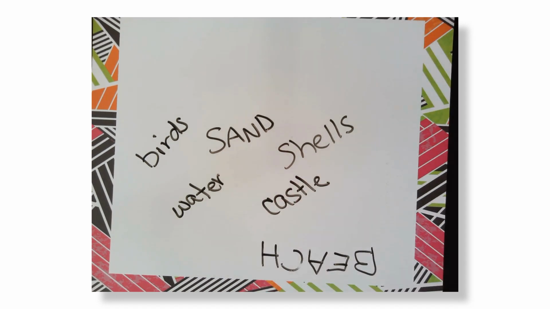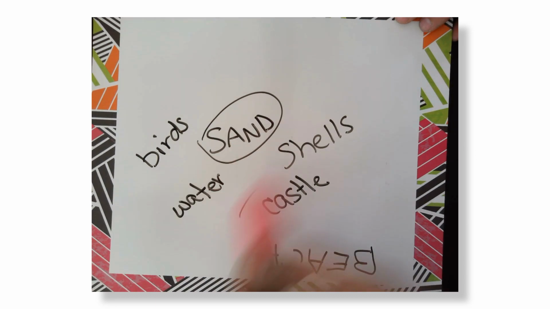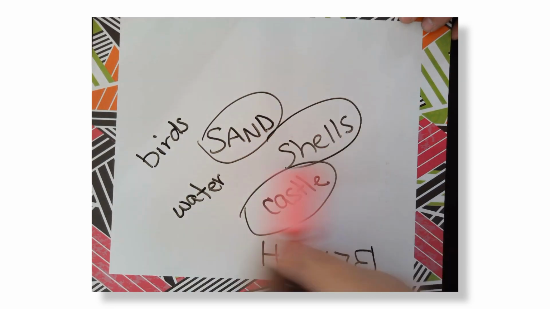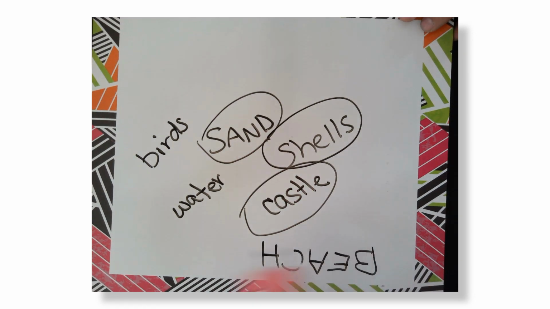So this allows them to jot down their ideas in ways that make sense for them. And then I might go, when we're writing, what 2 things go together? Well, sand and castles go together, and shells go together.